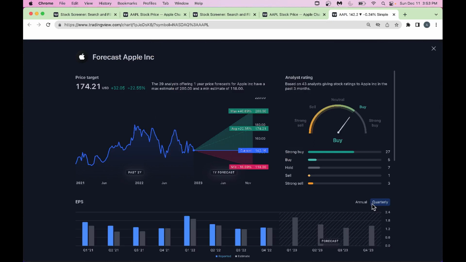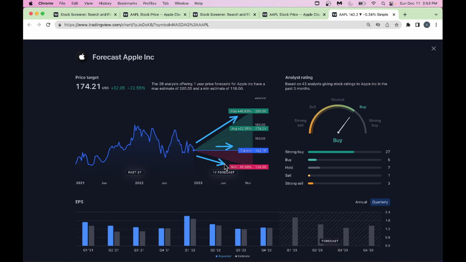Look, you could go in here. This is a nice view. I love this view here. It tells you right now Apple is at 142. The highest expectation on the top here from a forecast perspective is at 200, and we got a minimum here at 118 or so. It's a very good view, and this also can be used for all the strategies here.